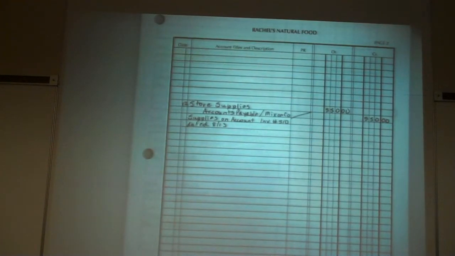Store supplies is an asset. Okay, it's not going to go in the purchases. Right, we're not going to resell it. It's items that we need. It just happens that we did it on account. That could have been a credit to cash if we had paid cash for those items.